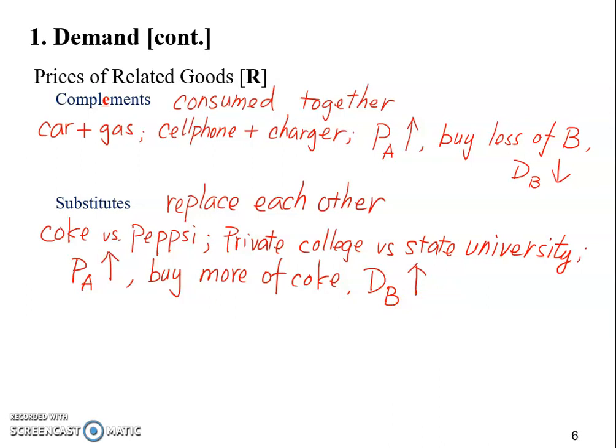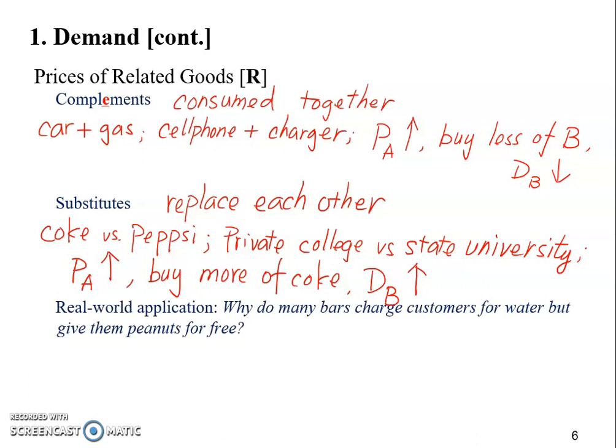Okay, now here we give you a real world example to help you better understand the relationship among these goods. Okay, why do many bars charge customers for water but give them peanuts for free? Now, to answer this question, we need to specify what is our good here.